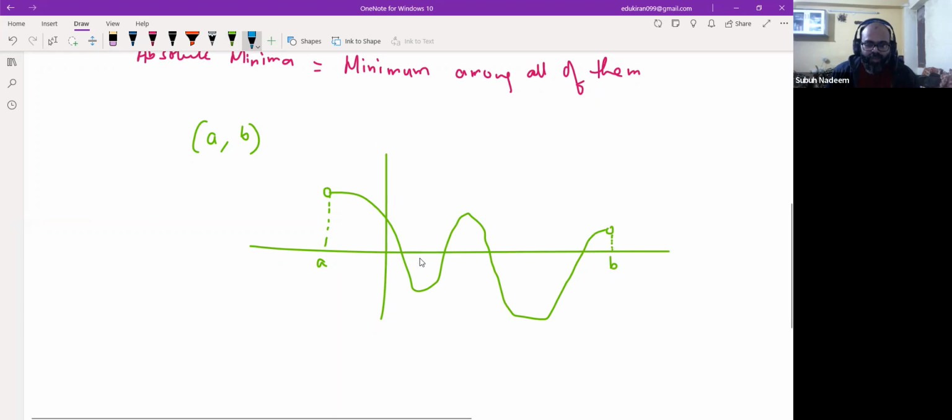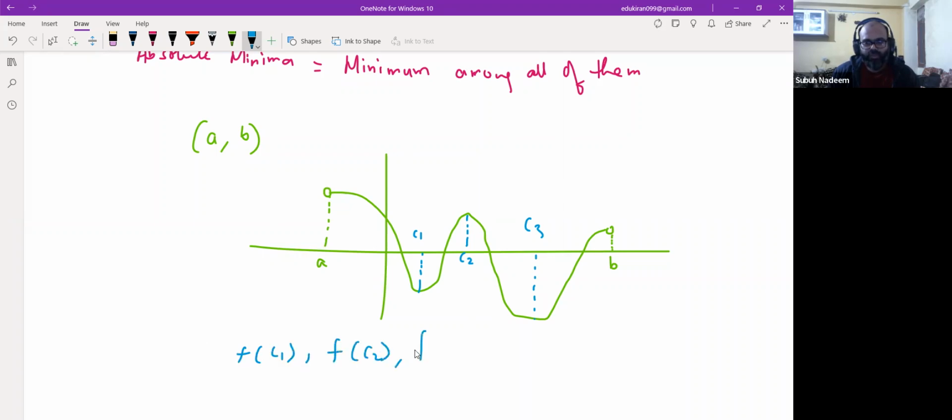So what we do, we find all the critical points here also, C1, C2, C3. Curve is little absurd. It should be smooth. So C3, all the critical points. And also you're finding at C1, you're finding at C2, you're finding at C3.